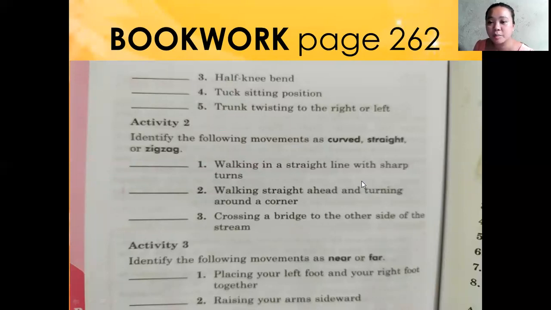Next, let's go to number 2, walking straight ahead and turning around a corner. And number 3, crossing a bridge to the other side of the stream. Okay, done with activity 2.